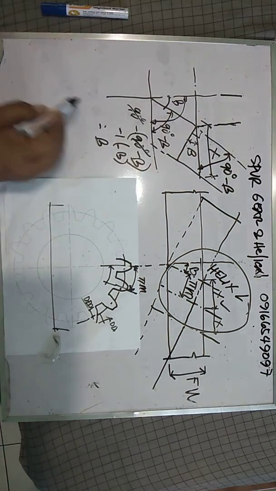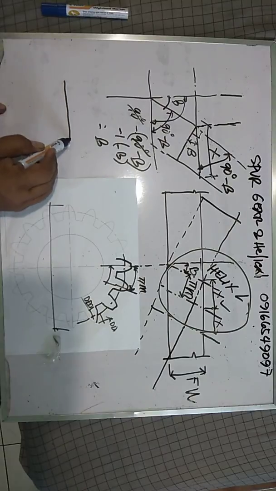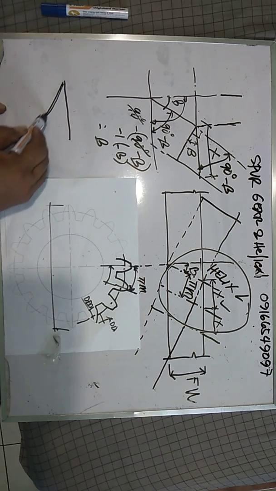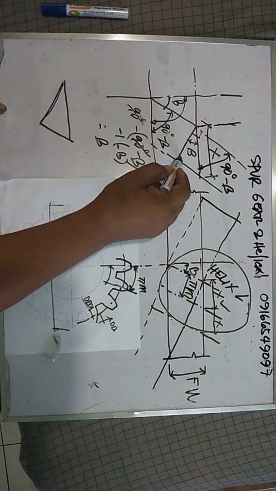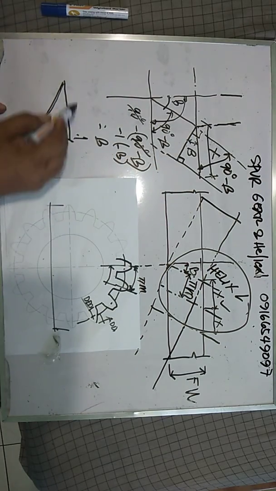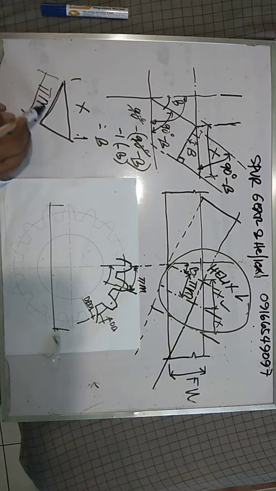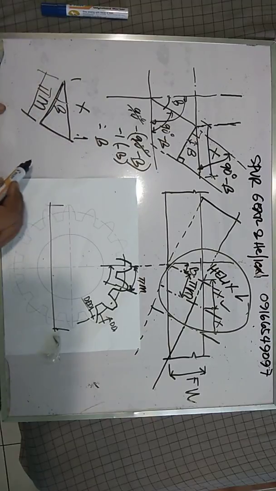Now we have a perfect right triangle, where this is equal to x, this is equal to pi times module, and this is beta.